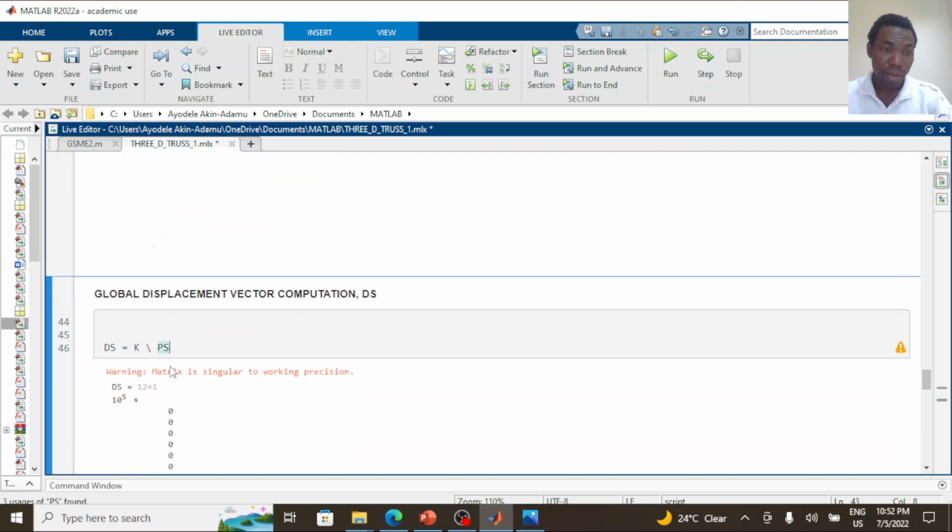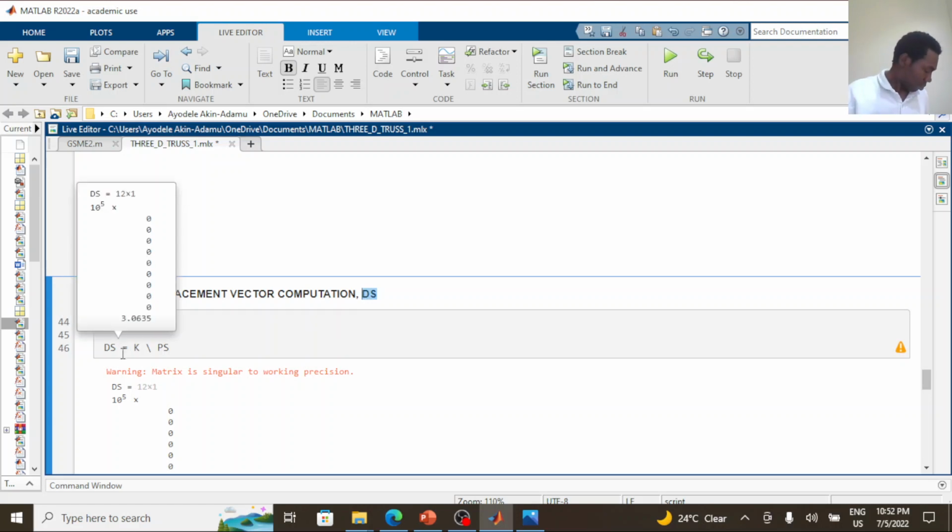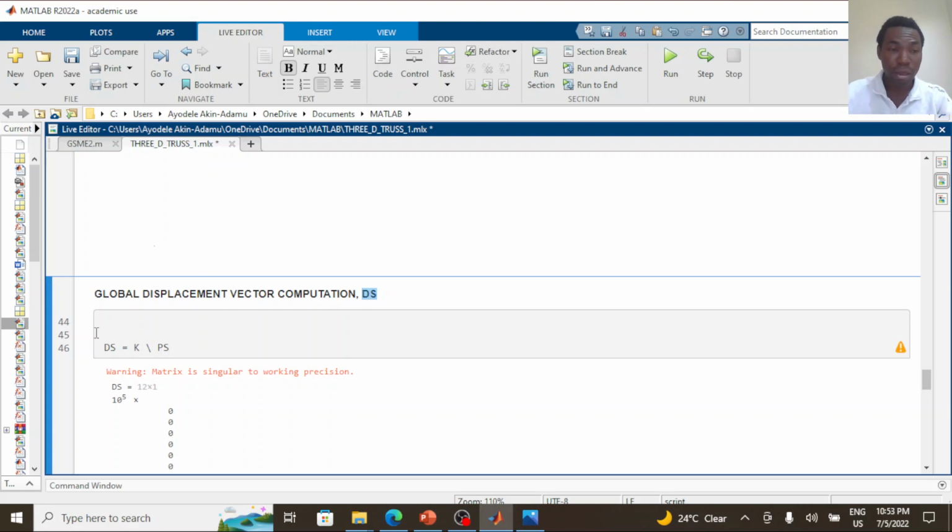So now we can calculate our global displacement vector. Here our global displacement vector is defined as DS. DS represents the global displacement vector, the inverse of K multiplied by PS, but we can write it in this form. But let me just write it the normal way I write it.